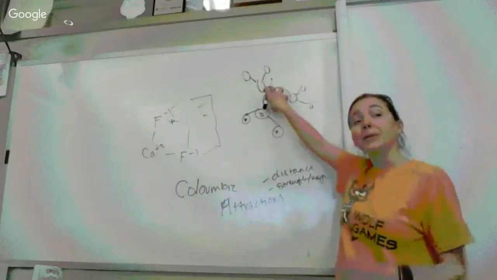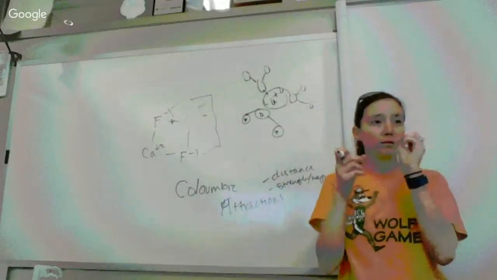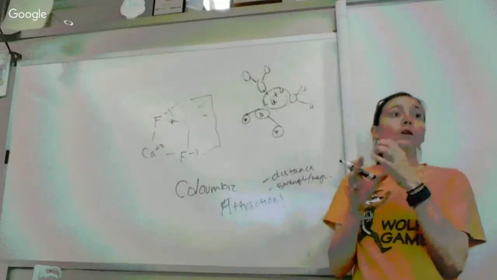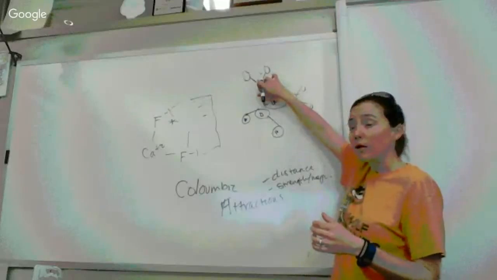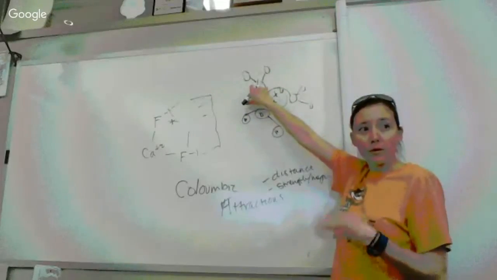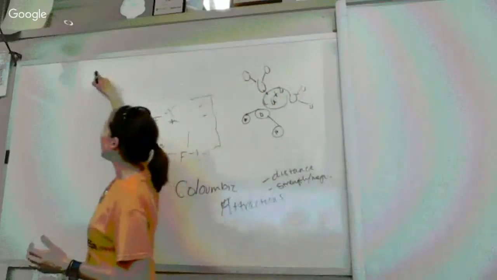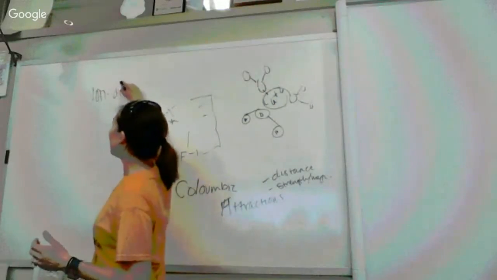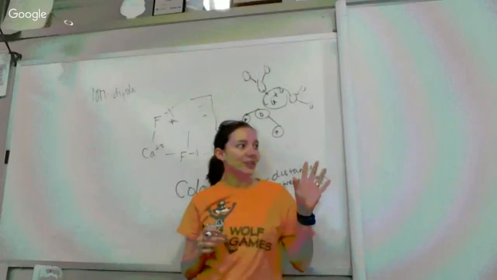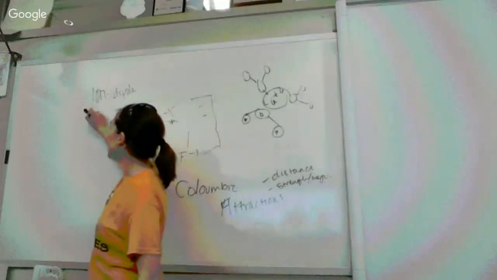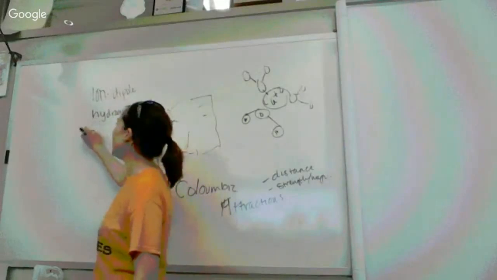So calcium, because it's an ion, those protons in the center of the nucleus are going to be more available. They're going to allow for this to get closer to that water molecule than water molecules would have been able to get to each other. And so as far as strength goes, ion dipole is going to be one of the strongest types of bonds you're going to see. Then hydrogen. And dipole.